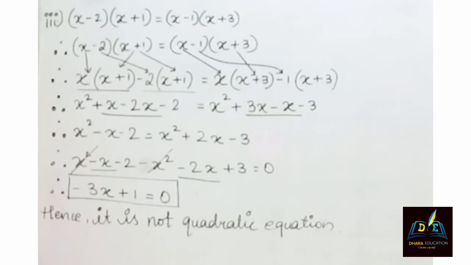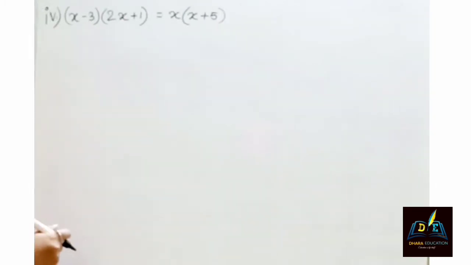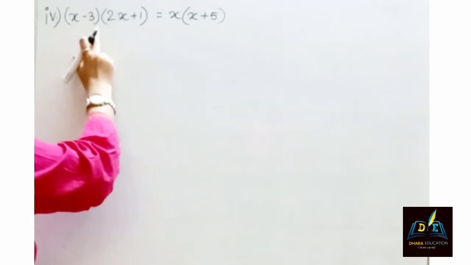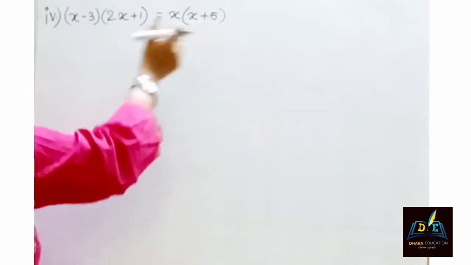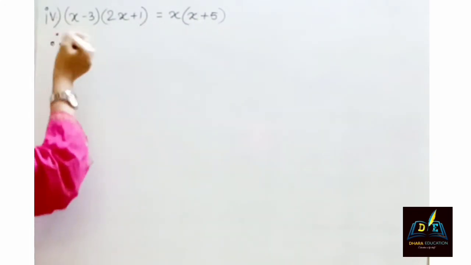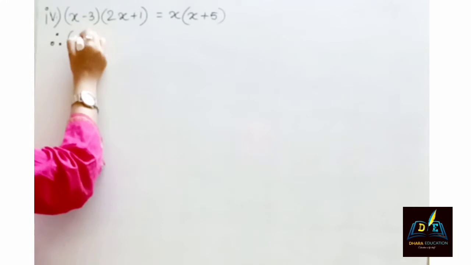Am I clear? So students of CBSE board, this is the next sum, that is x minus 3, 2x plus 1 is equals to x square plus 5x. Alright. So first step we have to write as it is.